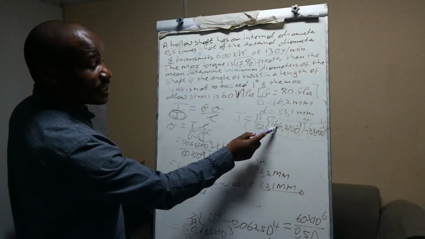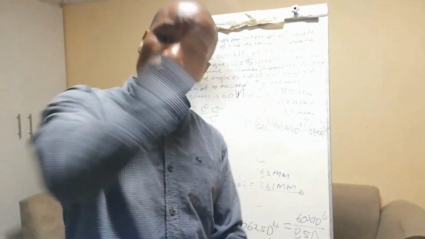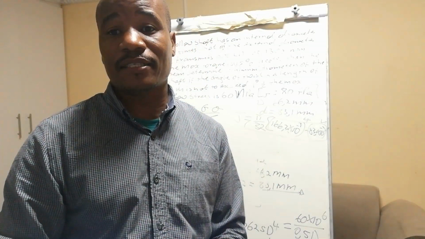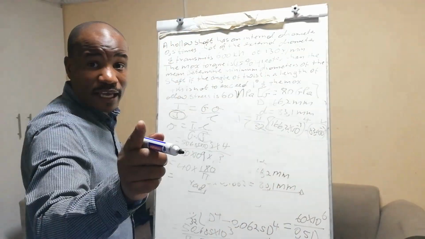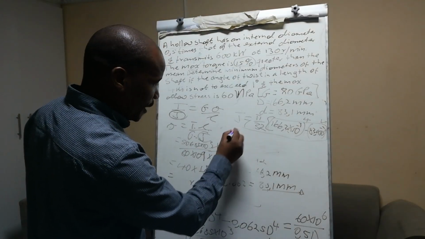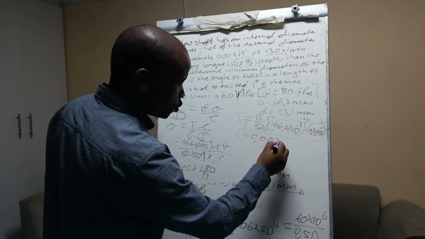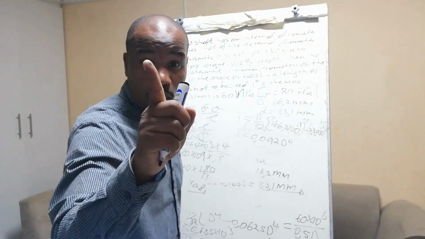Therefore, these diameters don't stand. You have to calculate another set of diameters. How are you going to calculate that set of diameters? You've got J is equal to 0.092 d to the power 4.